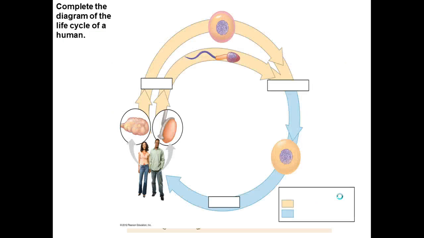Okay, so let's quickly review our life cycles. So here's a life cycle of a human, right? Gametes are formed by meiosis, producing haploid cells. The only time where haploid occurs is in sperm or egg production, and when those two unite is called fertilization.